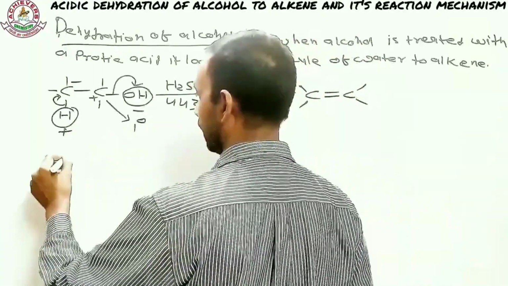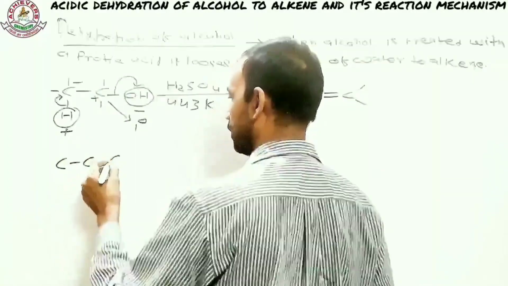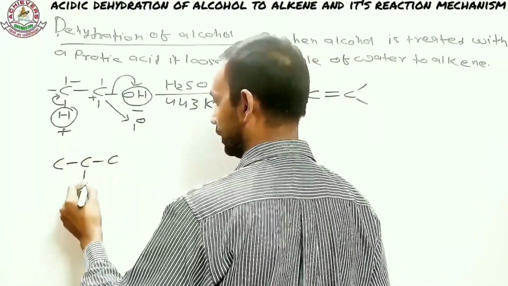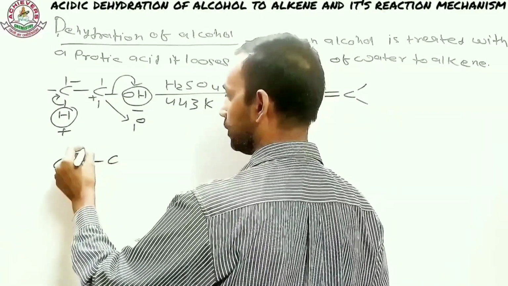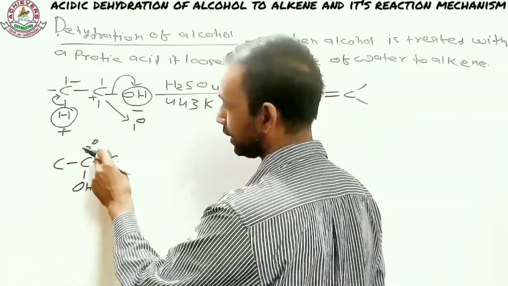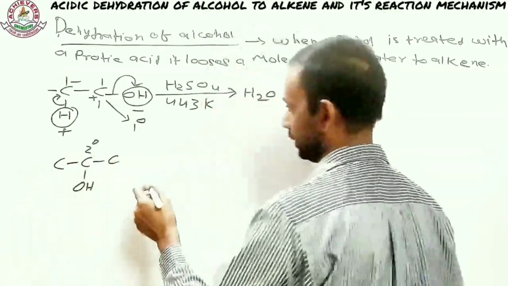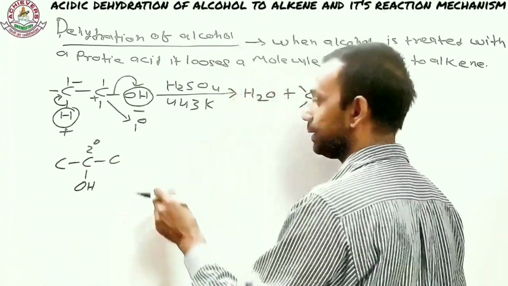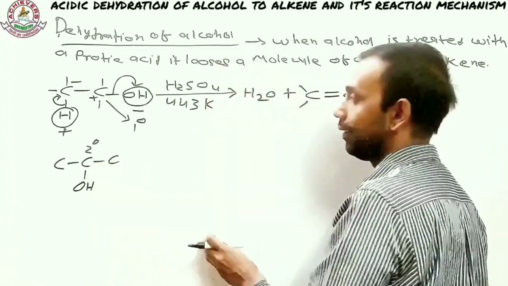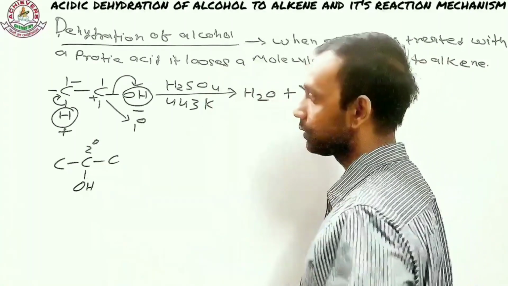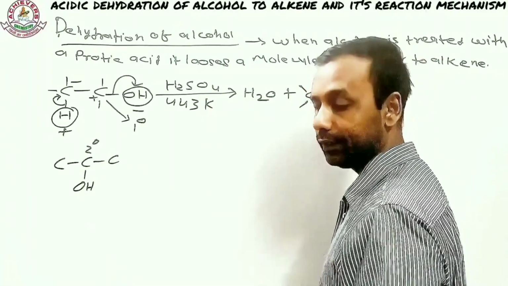Now let's take another example where the alcohol is secondary. I hope you understand why it's secondary, because it has two carbons adjacent. A secondary alcohol has higher stability because it's more towards symmetry.